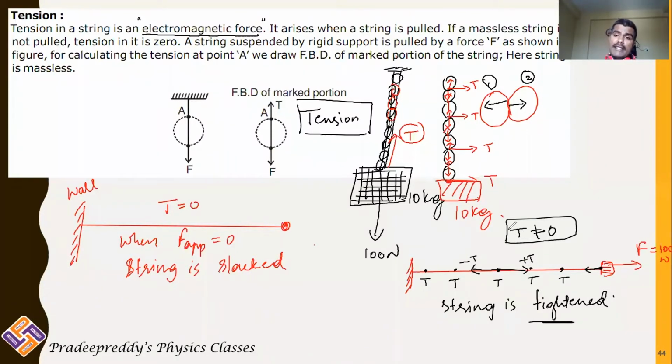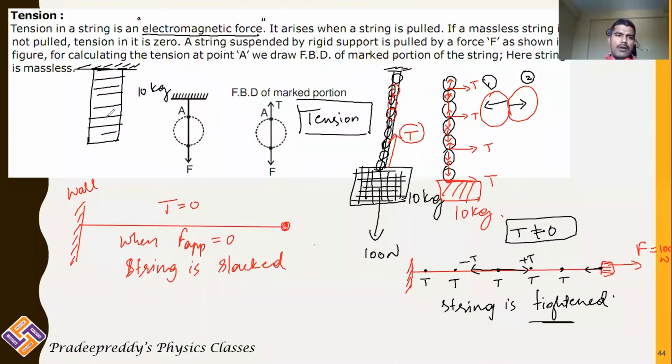If it is a massless string, instead of a string, if you are taking a rod, let me take a rod here. This is a rod, and this rod is suspended from the wall, and this has some mass. This rod has some mass, say some 10 kg. Where will be its center of mass?